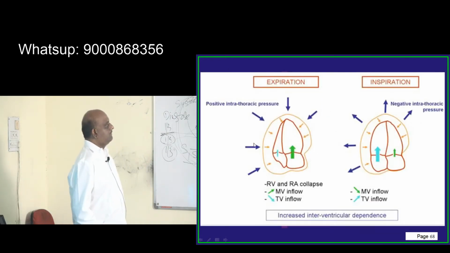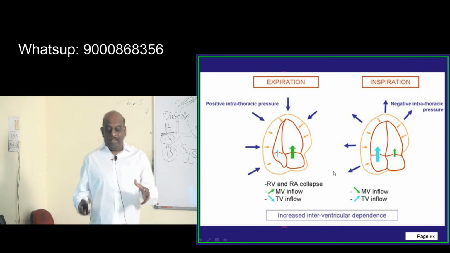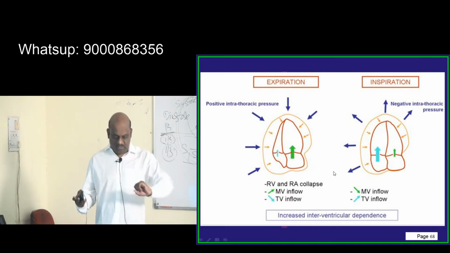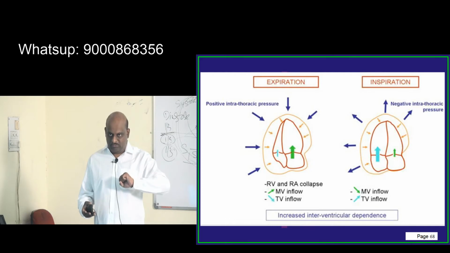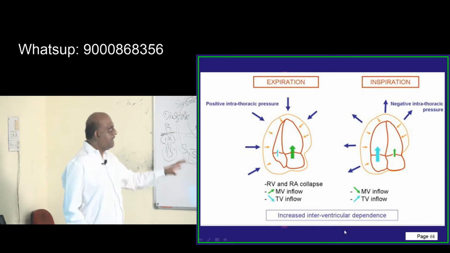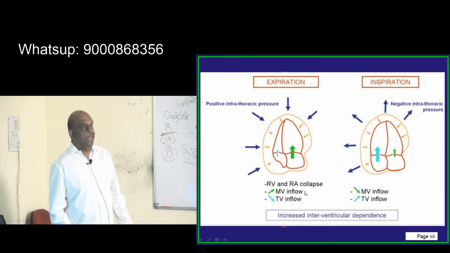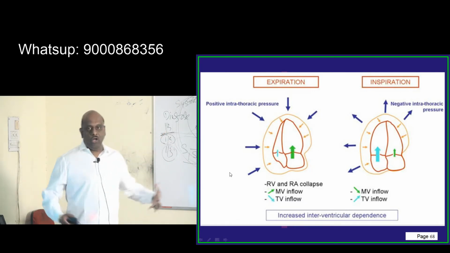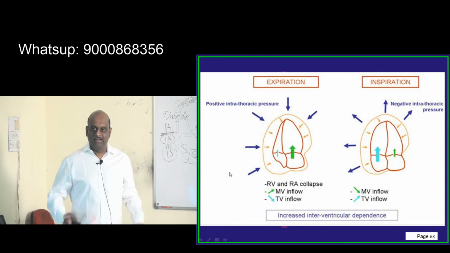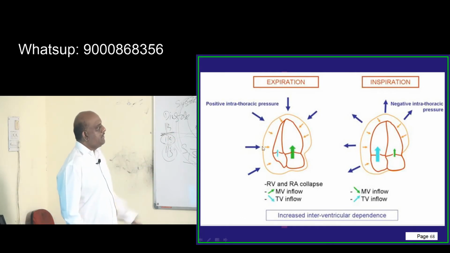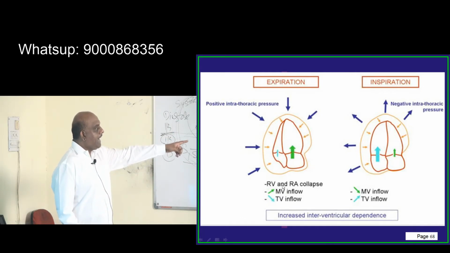Then similarly, during expiration and inspiration, if you put the echo probe and look at the flow, how will it look? During inspiration, you have a lot of positive intrathoracic pressure, and all that positive pressure will make the RA and RV collapse.